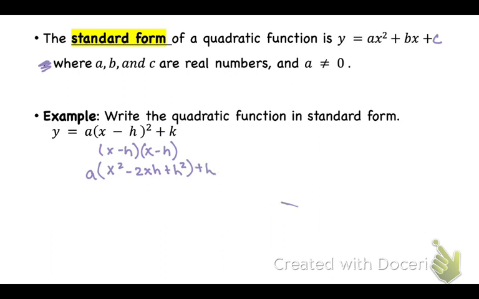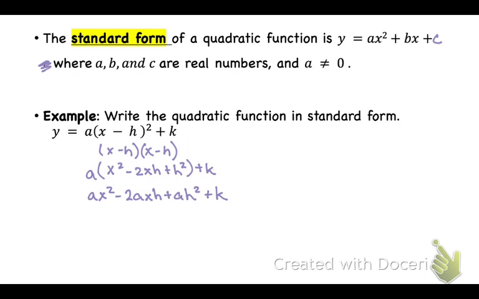Distribute the what? The a. So I have ax squared minus 2axh plus ah squared plus k. Now, h and k would be values, correct? And so you would be able to combine those.